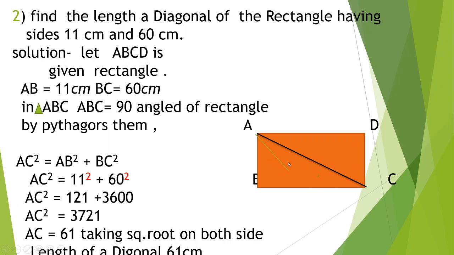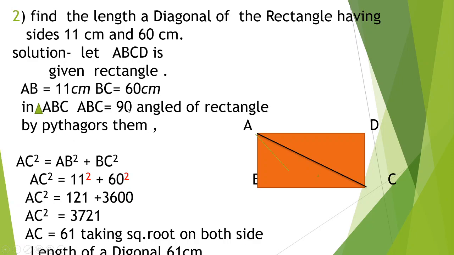So, you can use Pythagoras theorem in triangle ABC, right angle triangle ABC. So, in solution write down, by Pythagoras theorem in triangle ABC, angle ABC is equal to 90 degree.